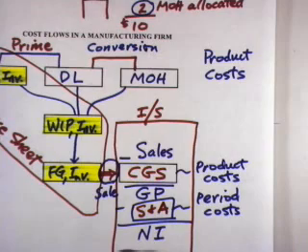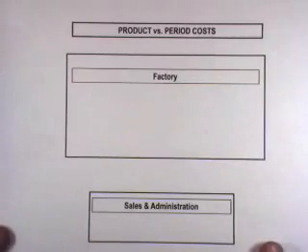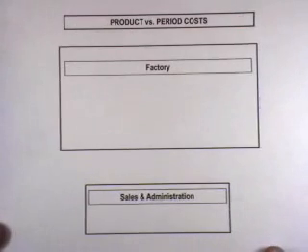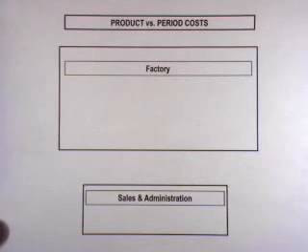Now, just to be clear, we have one more illustration of the difference between a product cost and a period cost. You can think of it in terms of two different buildings on a business property.